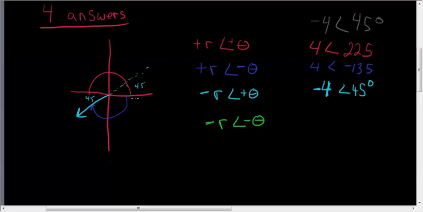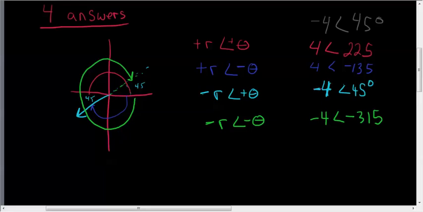As a negative angle, negative 90, negative 180, negative 270, right there. I don't go all the way to 360. I stop 45 degrees short. So this same vector can be described as negative 4 at an angle of negative 315 degrees. All right, so that's how you do 4 angles.